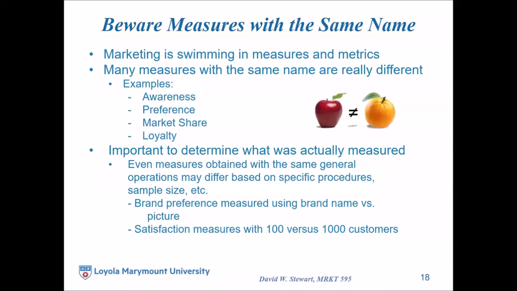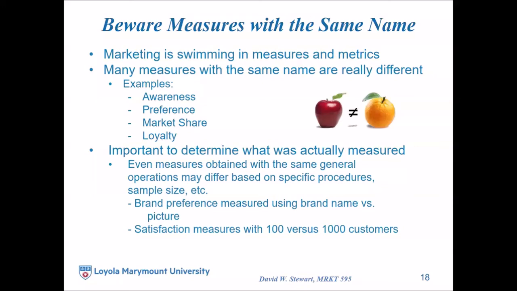Now, pick a market like India. There's not really the equivalent of Nielsen in India. And yes, Nielsen is in India, but it doesn't have the kind of data that we have in the United States. So there are lots of measures, but they often have the same name and are actually measuring something different.